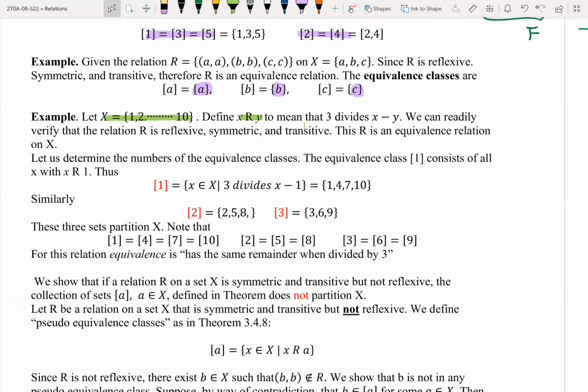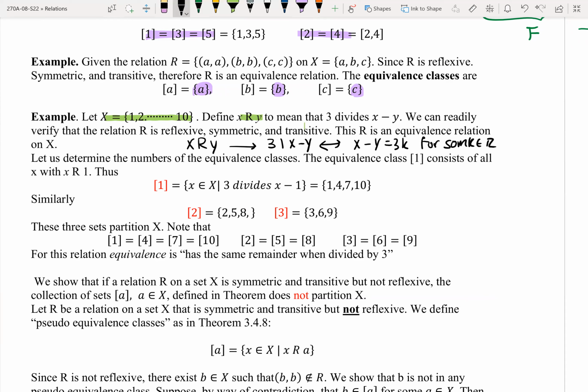What does it mean if x is related to y? This is defined to be 3 divides x minus y, which is the same as saying x minus y equals 3 times k for some k.